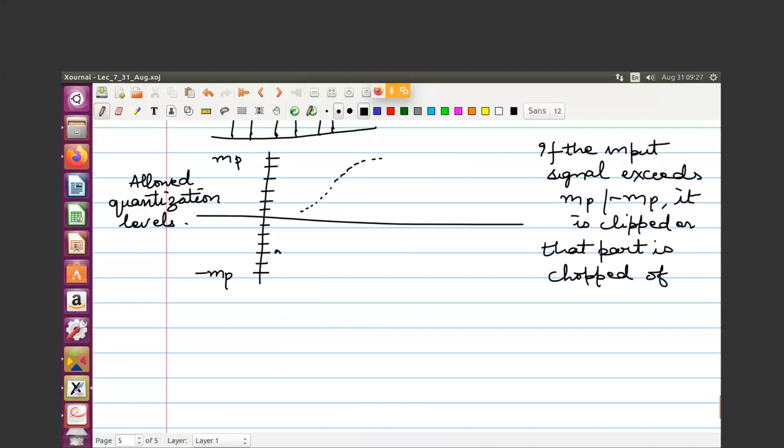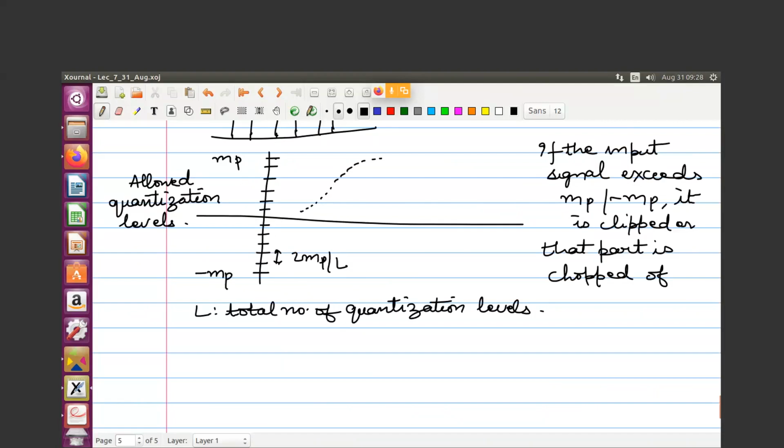And the width of this is twice of MP upon L, if L is the total number of quantization levels. So once L is the total number of quantization levels, you are dividing minus MP to MP, so twice of MP is the full range, and you are dividing it into L. So the width of each interval will be twice of MP by L.